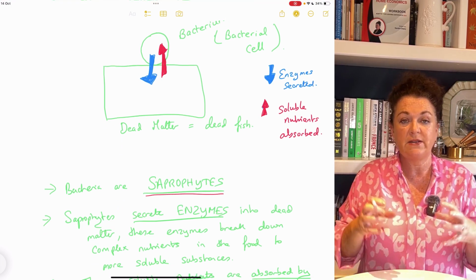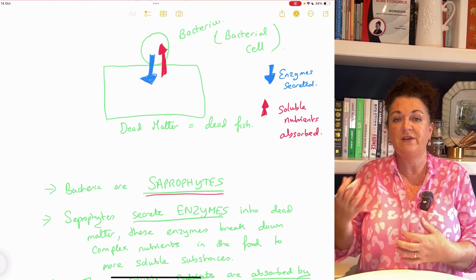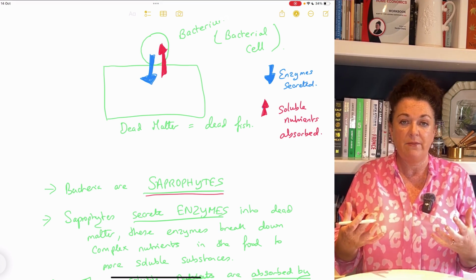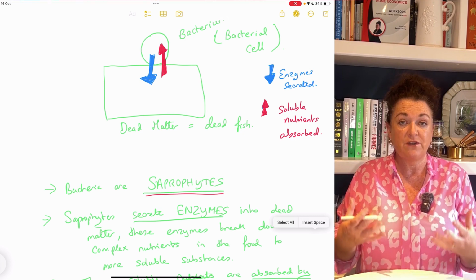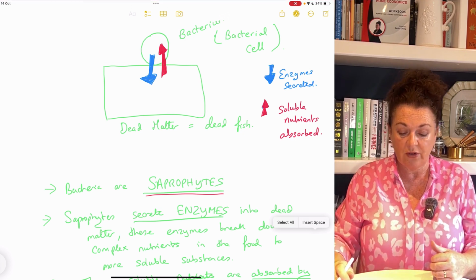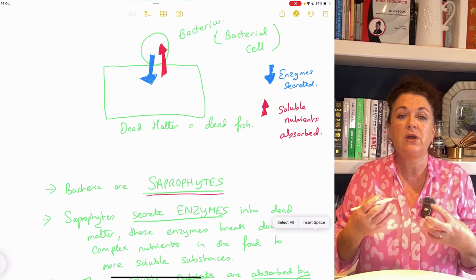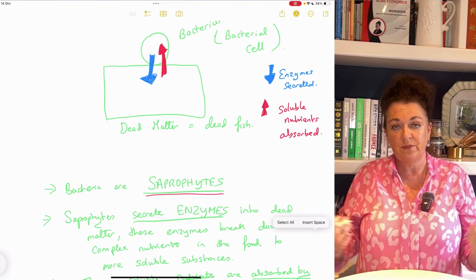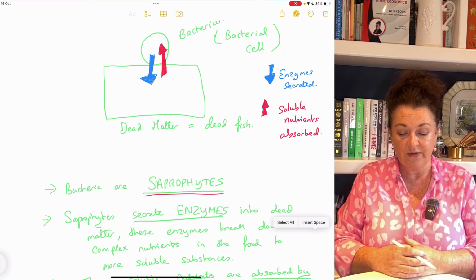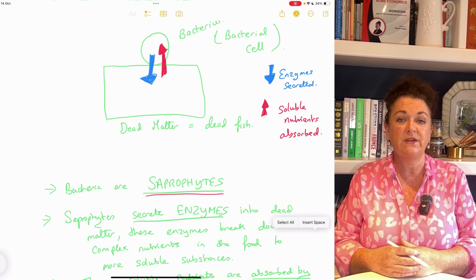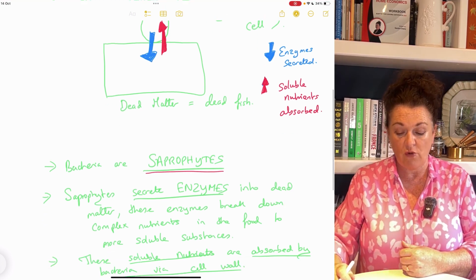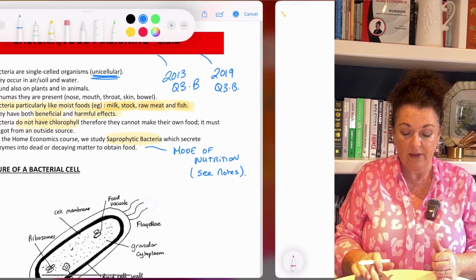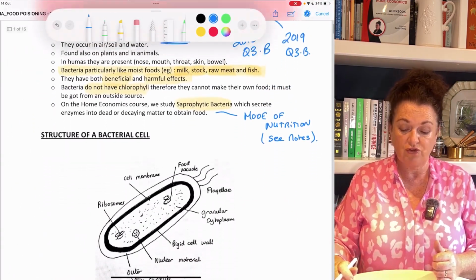Saprophytes secrete enzymes into the dead matter, whether it be dead fish, dead milk, chicken stock, milk, ice cream, soft cheese, all high in moisture. And these enzymes break down complex nutrients in the food. Then these soluble nutrients are absorbed by the bacteria via the cell wall, and we have a source of nutrition for the bacteria. So nice and simple. So that's our mode of nutrition.